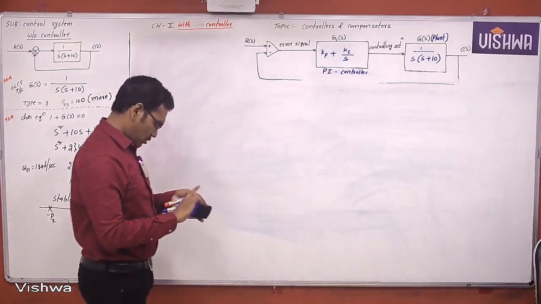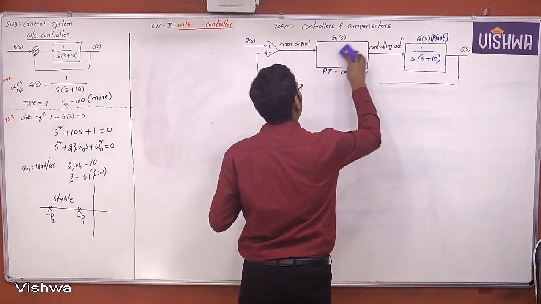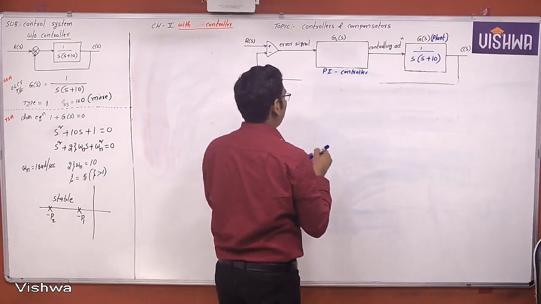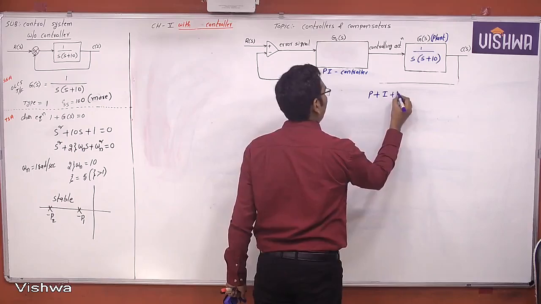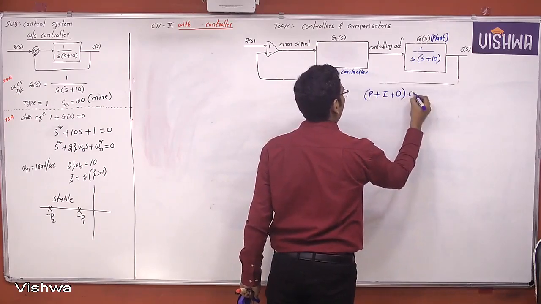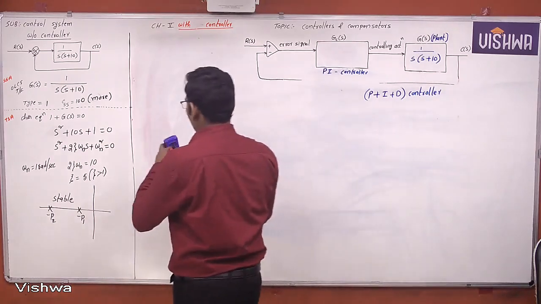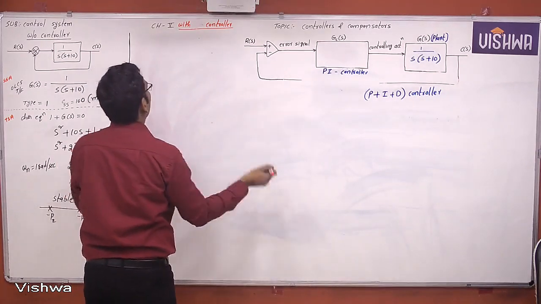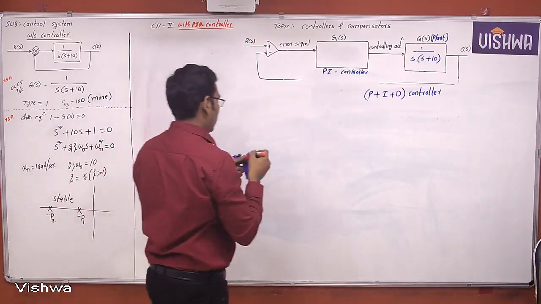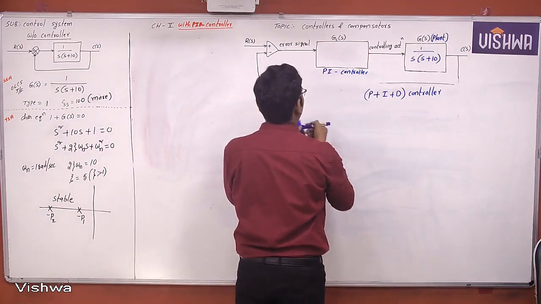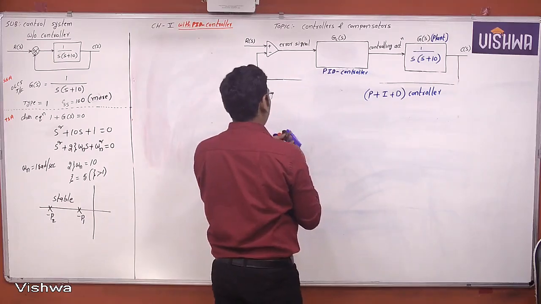So we'll take the proportional plus integral plus derivative controller, P plus I plus D controller, or simply called a PID controller.